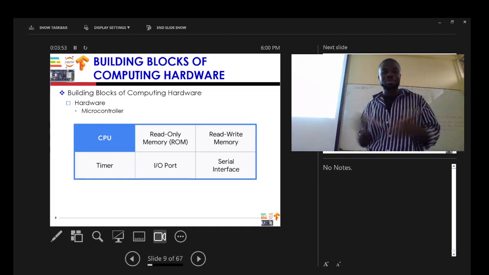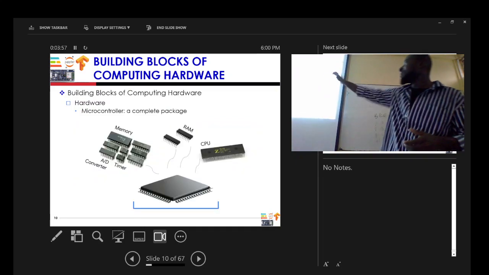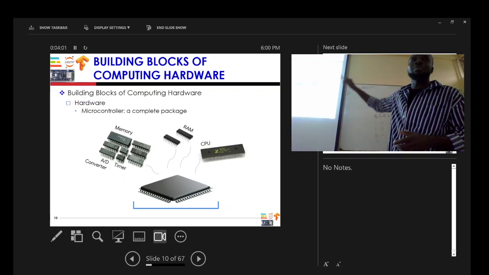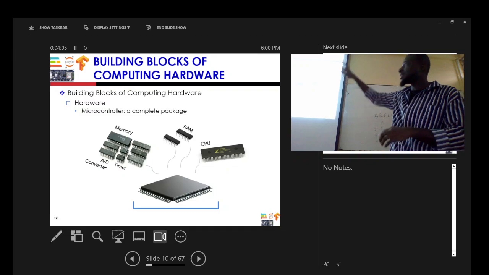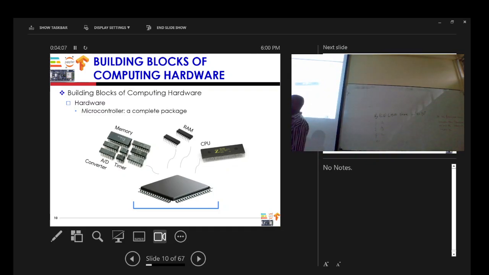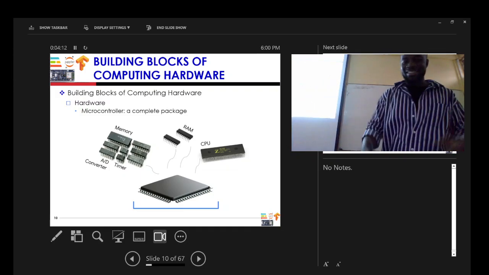That is what we call a microcontroller. Here you see that the memory is a single chip, the RAM is a single chip, the CPU is a single chip. Once you combine all this into one chip, we call that a microcontroller. Easy, right?